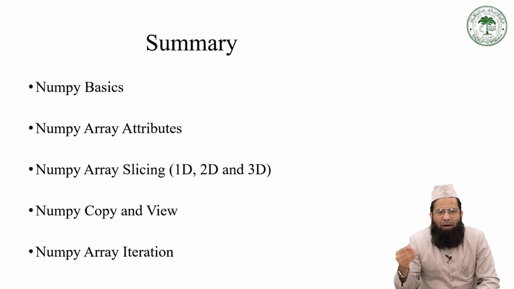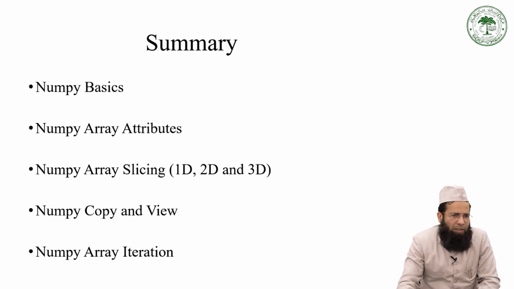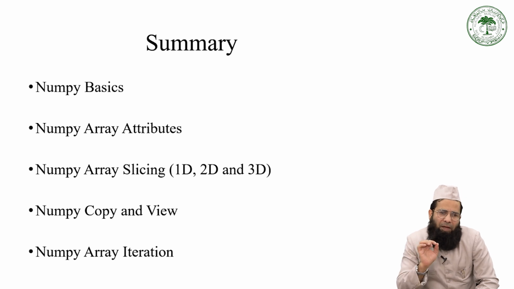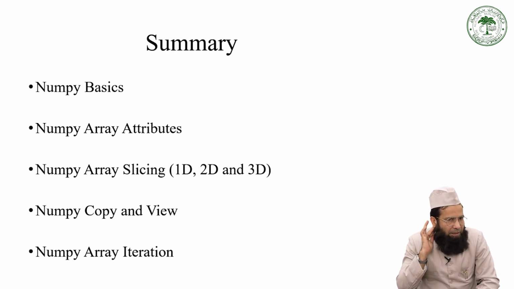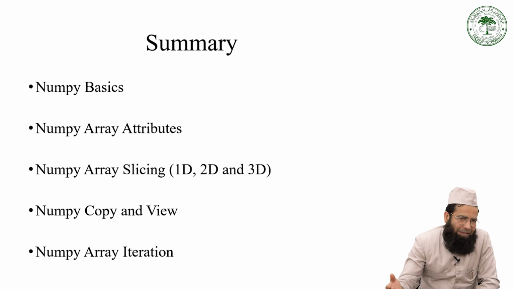Similarly, we discussed other attributes like the base attribute, then size and itemsize. And we discussed array slicing as far as 1D, 2D and 3D are concerned, right? And we discussed NumPy copy and view, the difference between copy and view, and how to iterate a NumPy array. That we discussed in today's lecture.